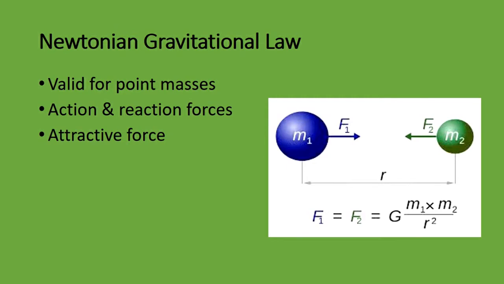Just to remind you, in general, if you have 2 point masses, very small masses compared to the distance between them, then the Newtonian gravitational law says that the attractive force of gravity between the two masses is equal in magnitude to a constant called the universal gravitational constant times mass 1 times mass 2, divided by the distance squared.